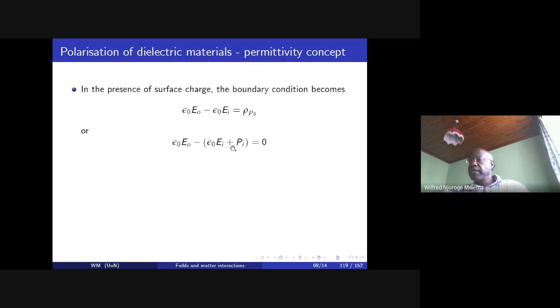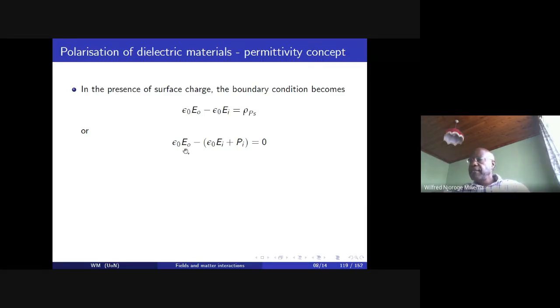If we write this out, we get epsilon naught multiplied by E. We can see that P0 is going to be 0 if we are dealing with free space outside the dielectric, that is, a material which is not polarizable.